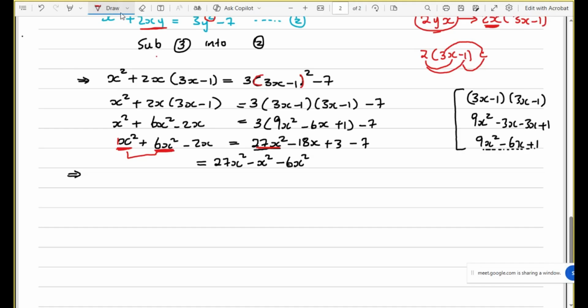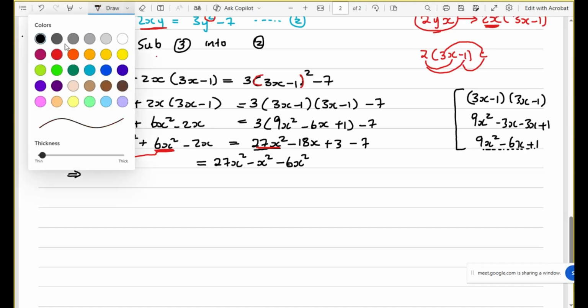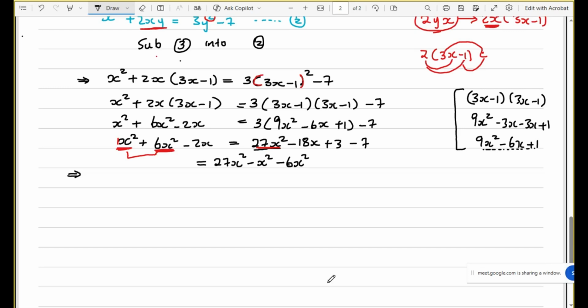Then the next one is the one that has the coefficient of x. That's what I need to focus on. So this will be minus 18x. I bring that minus 2x to the other side, it becomes positive 2x. Then I still have plus 3 minus 7. Everything is 0.